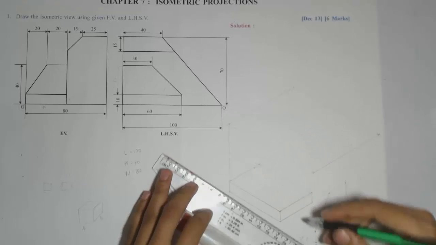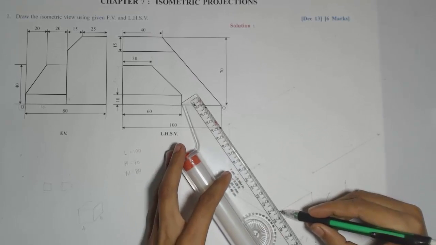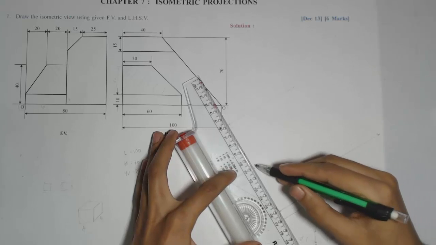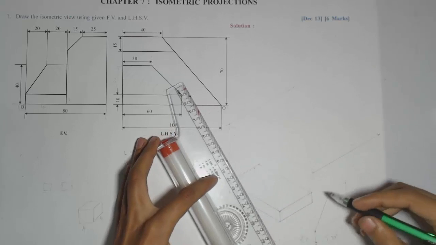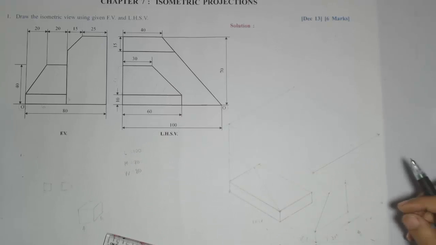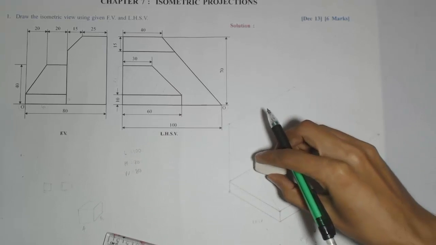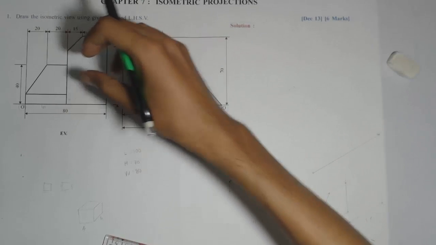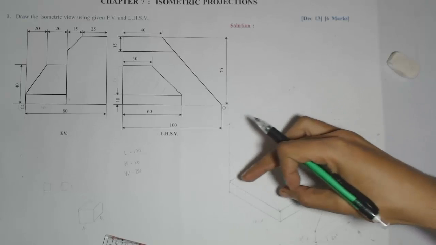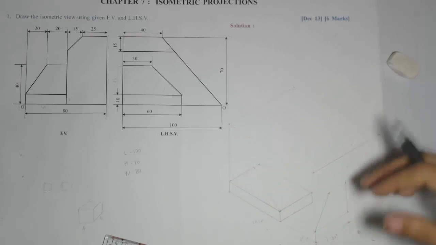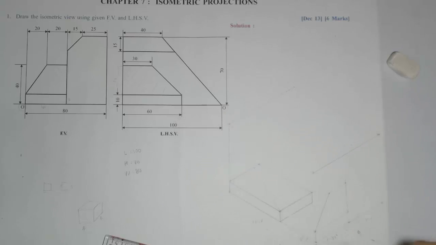Now we'll join with this corner to get this point. So we have marked those two parts of further heights, which are 30, 30. And lengths are again 60, it is covering 60 and it is again covering 40. But height has increased from 10 to 40.